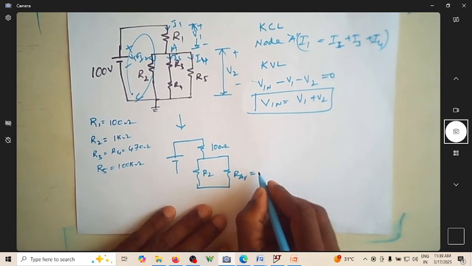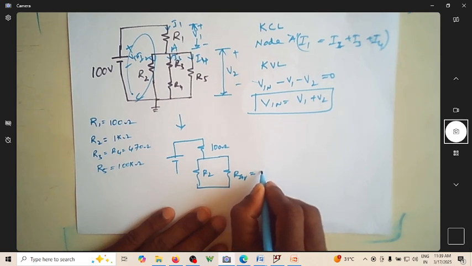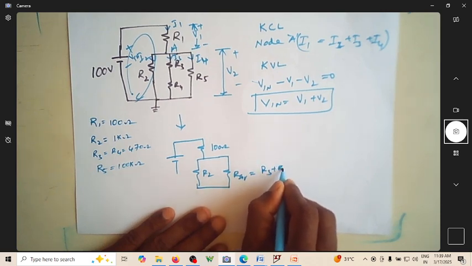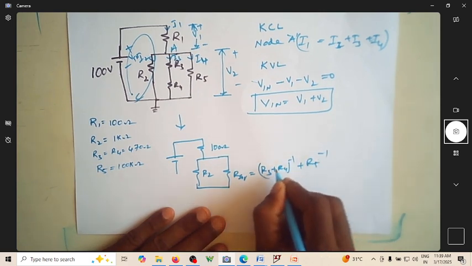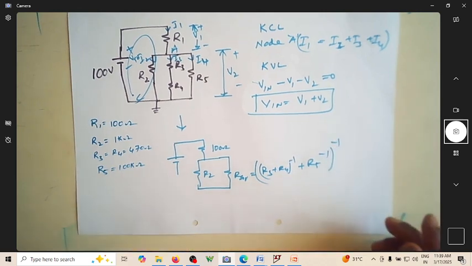This R equivalent is equal to R3 inverse plus R4 inverse plus R5 inverse, whole inverse. So what value does that come out to be?